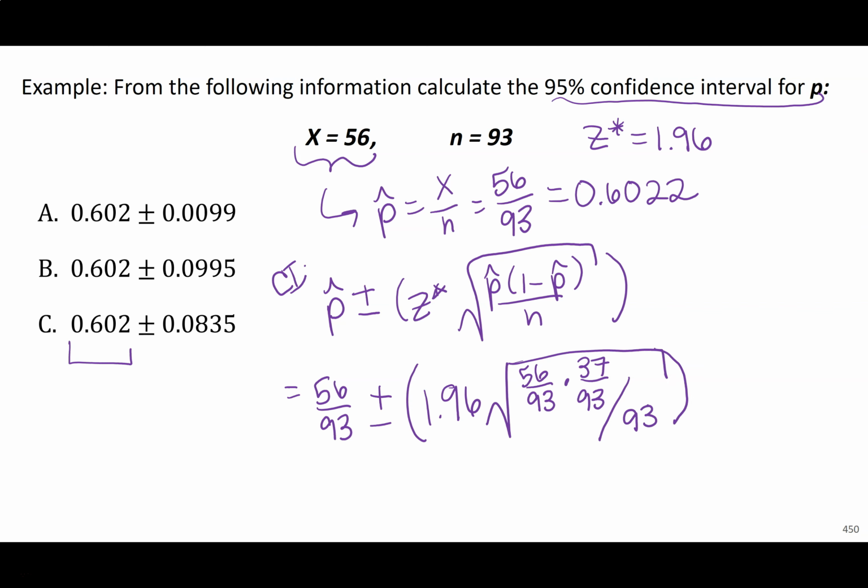The square root goes over all that before I close my parentheses. And I get something like, I'll get that 0.602 roughly. Obviously they rounded just a little bit. Plus or minus 0.0995.